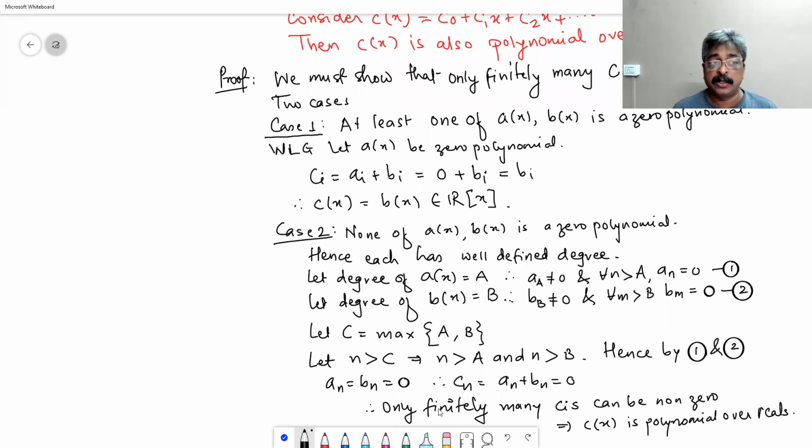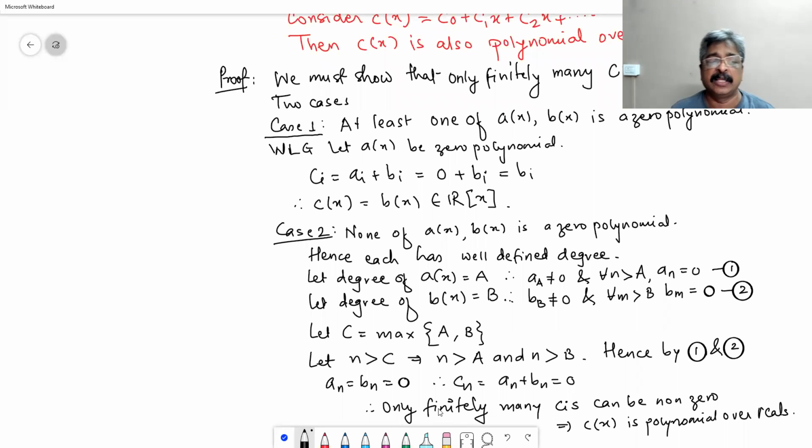So we consider two cases because we have not been given that a of x and b of x are non-zero polynomials. One of them can be the zero polynomial, or both of them can be zero polynomials, or none of them can be zero. But if both of them are zero polynomials, then it is the very easy case, and therefore we are not considering it.